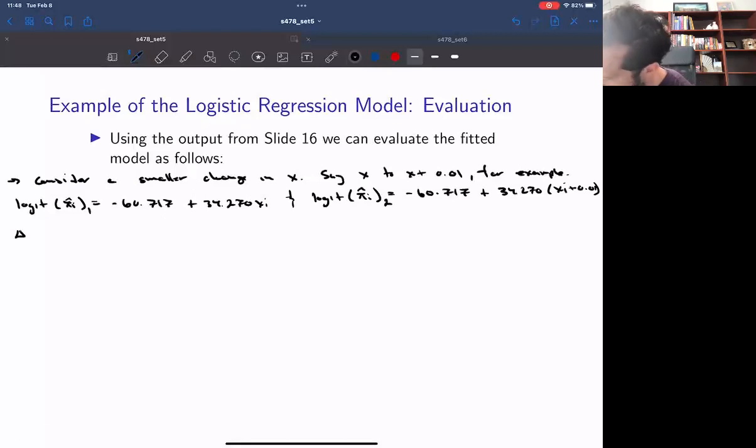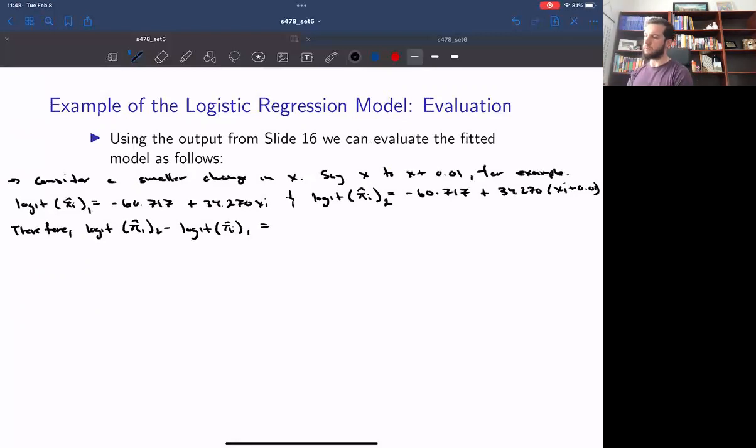So the change between, or rather, okay, therefore, logit pi_i2 minus logit pi_i1 is equal to, so if we subtract the two models from each other, the intercept terms fall off, and we basically just end up with 34.270 times 0.01, which is 0.34270.